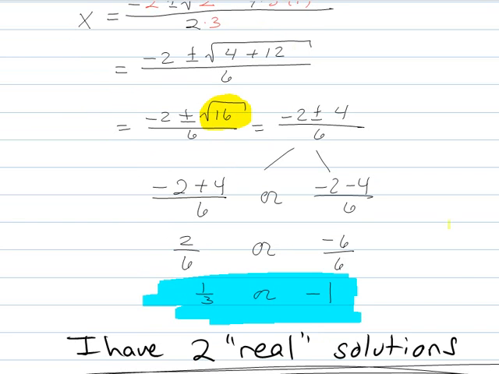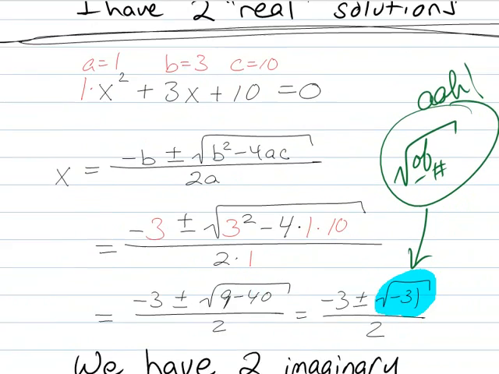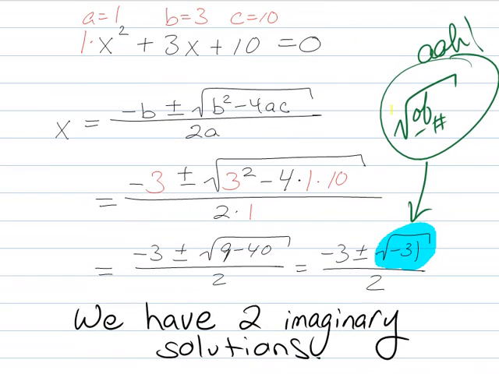So what we can conclude is if the discriminant is greater than 0, that's going to give us two real solutions. I'm going to write this all out again in a second, but I'm just trying to make you see the connection. If I have a discriminant that is positive, I'm going to have two real solutions. When my discriminant is negative, or less than 0, I have two imaginary solutions.